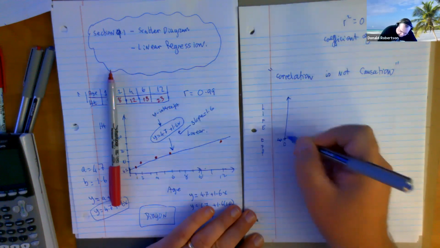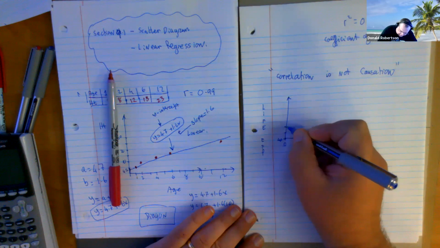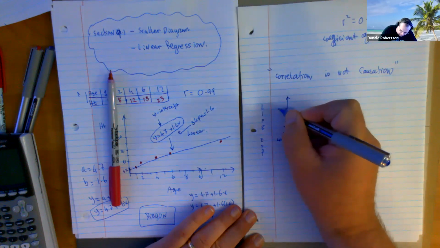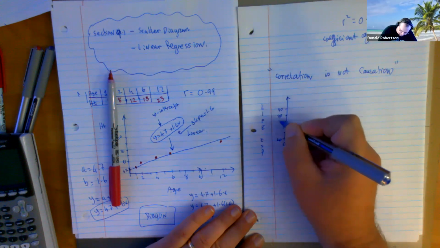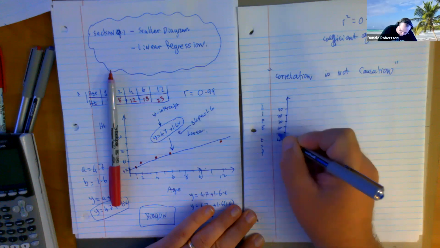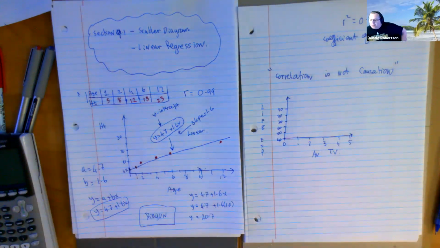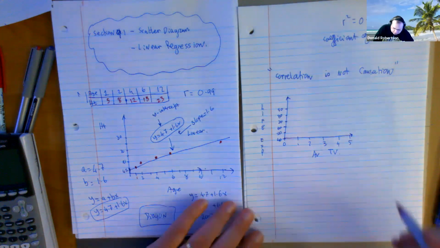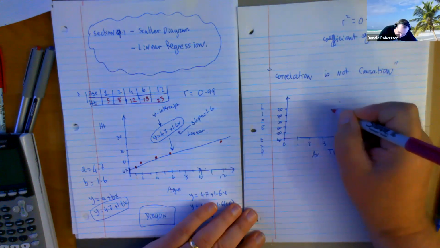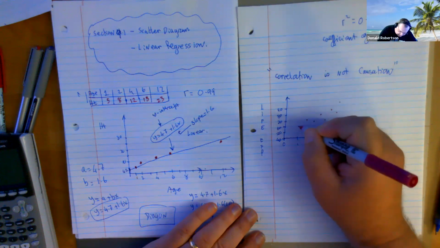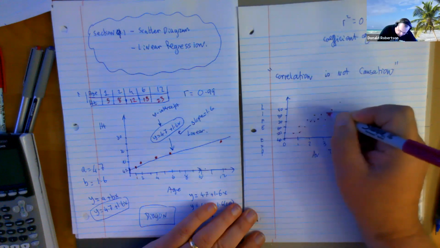We'll just do a scale at 40, 50, 60, 70, 80, 90, something like that. And you go and you collect data on America. How many TVs do they have in a household? What's the average life expectancy of an American? And you plot the dots, and you will get a positive linear relationship.